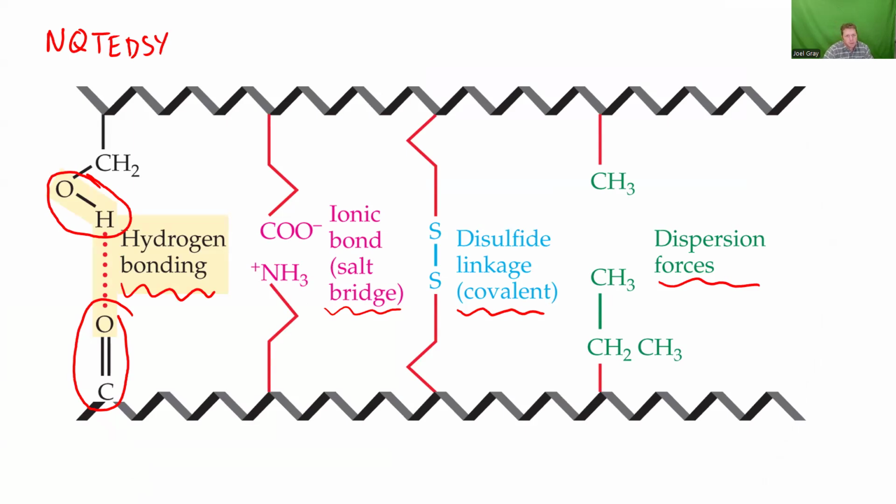Now, next up, let's look at ionic bonding. When we're looking for amino acids that participate in ionic bonding, we've got NH3 and this COO minus. That COO minus might also be COOH, and the reason has to do with the solution that it's in. What's the pH of that solution?